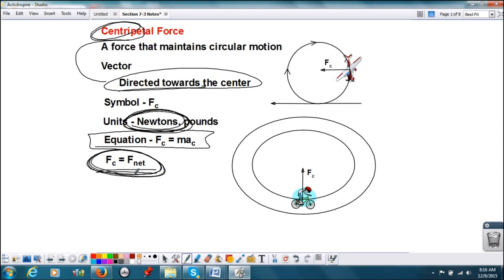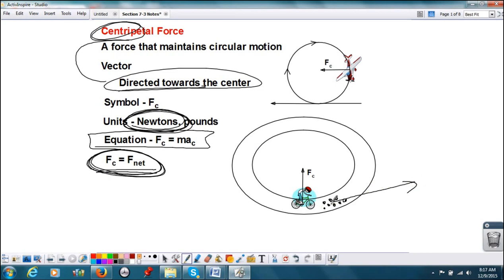Okay, well, let's look at another example. Here we have somebody going around a circular track on a bike, okay? What force is keeping the person from skidding off to the side? Well, imagine that right here there's a pile of gravel, okay? And maybe you've been on a bike and you're going really, really fast and you hit gravel, and then you slide off. It's not a pleasant experience, but maybe it's happened.